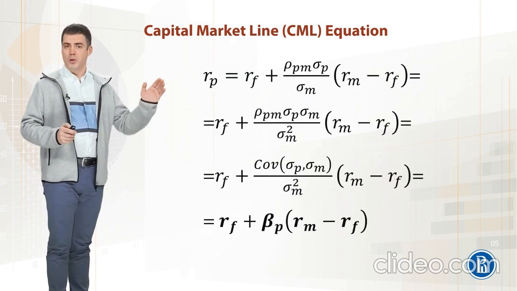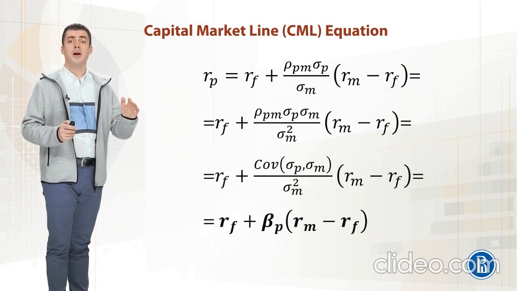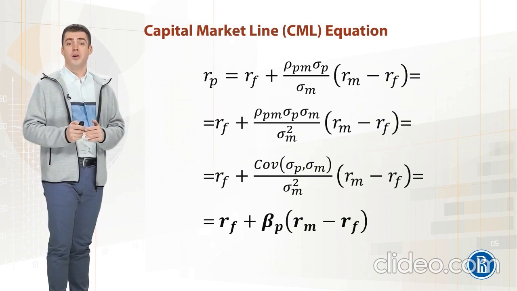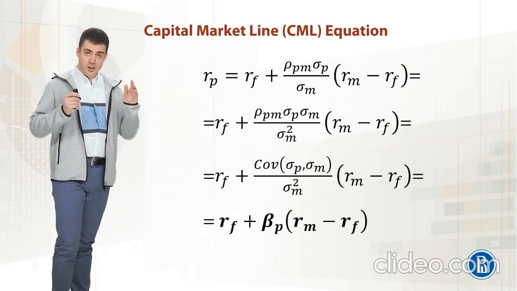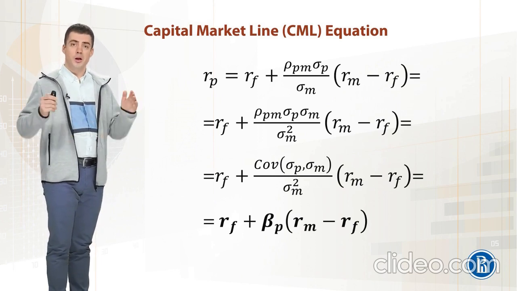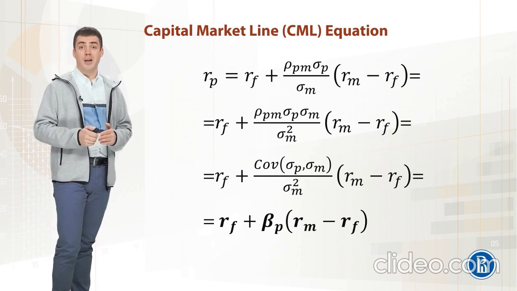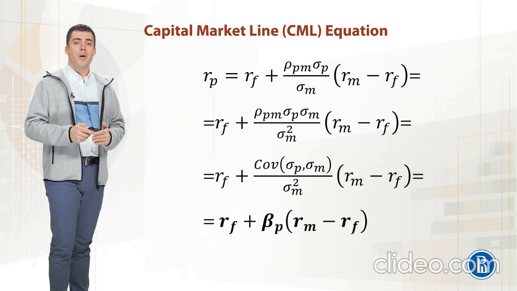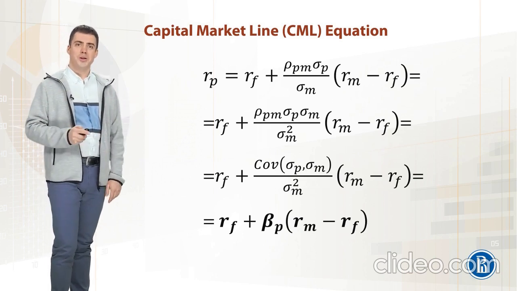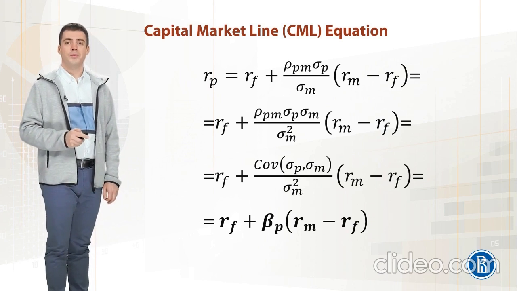And now, by doing some workings with this equation, we can finally arrive at the following equation, where the expected return on the portfolio should be equal to the risk-free rate plus the difference between the market return and the risk-free return, which we will further define as the risk premium, multiplied by the covariance of the returns of our portfolio and the market portfolio, divided by the variance of the market portfolio.